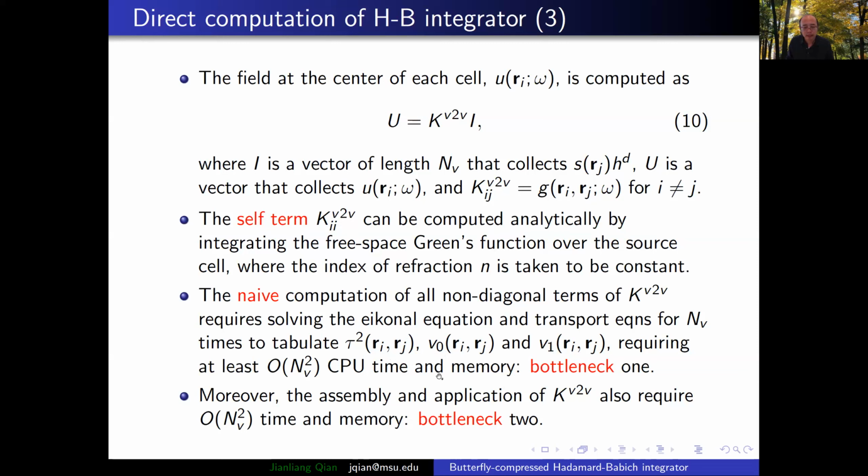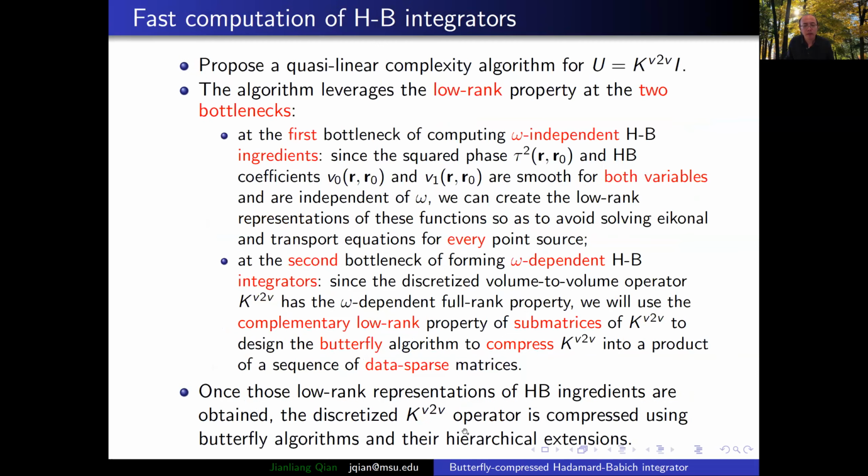And once we handle that first bottleneck, we need to assemble that kernel matrix and carry out the matrix vector product. That again will give us N square type time and memory, which we don't want. We aim at a linear complexity algorithm.